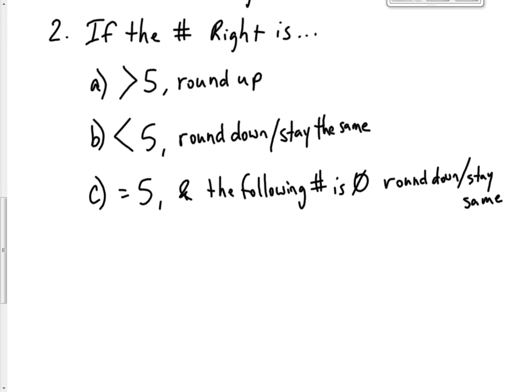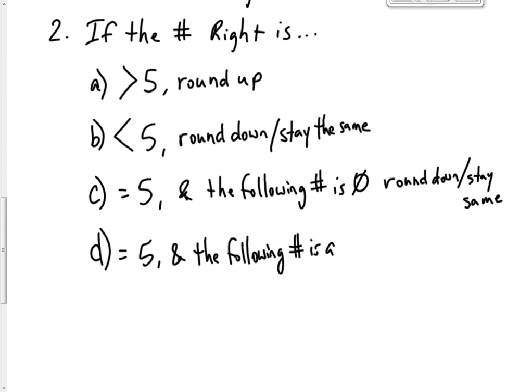So if you come to a 5, and then you look to the next number, and that's a 0, you're going to round down. The last scenario is if that number equals 5, and the following number is a non-zero. So we talked about non-zeros earlier. So if it is a non-zero, you're going to round up.